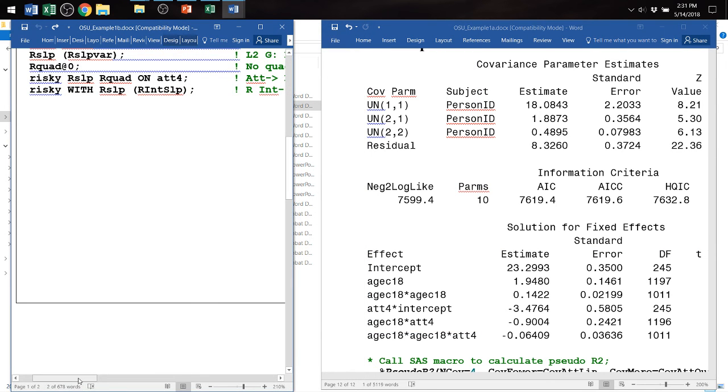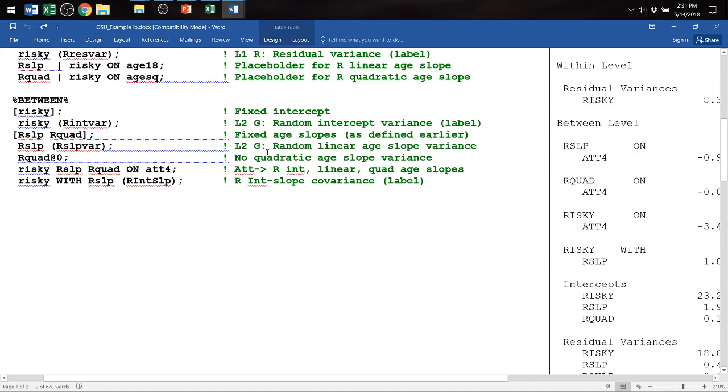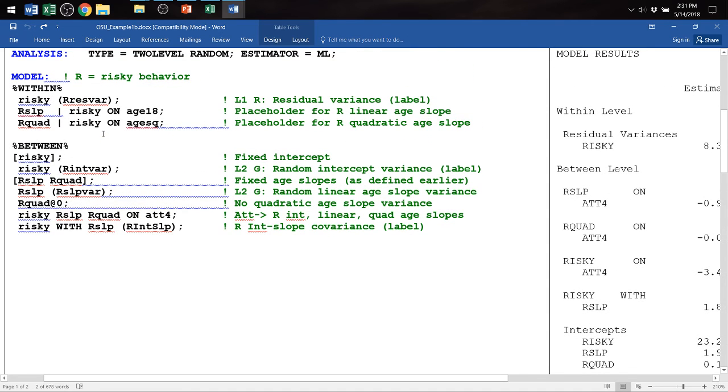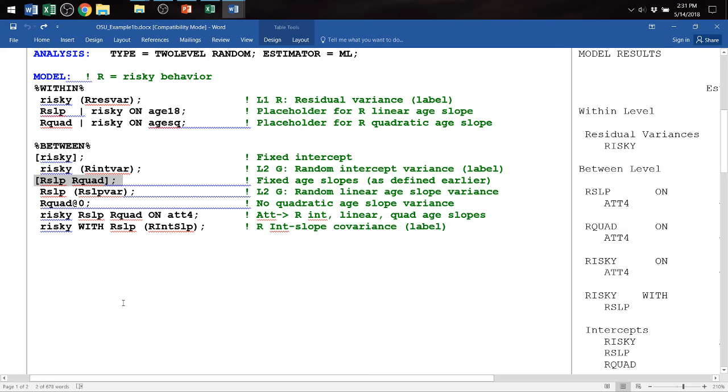All right, go back. So any questions on linking M+ to other packages or how to set up things? Yes? These things, brackets. So this is how you refer to it, it's either a mean or an intercept.